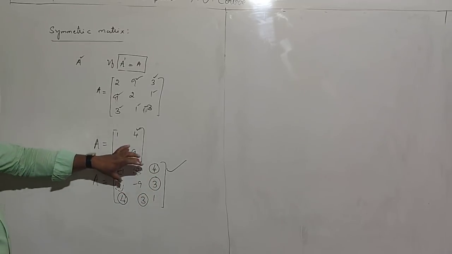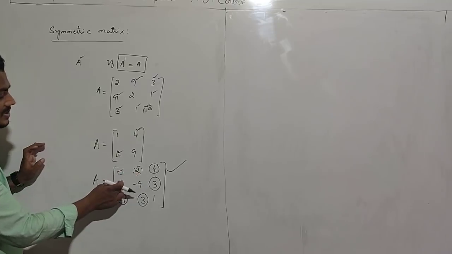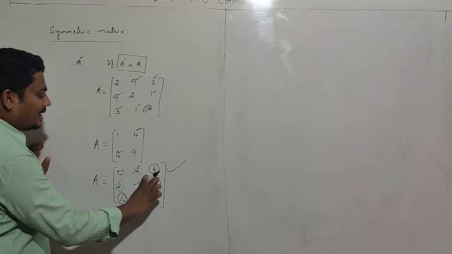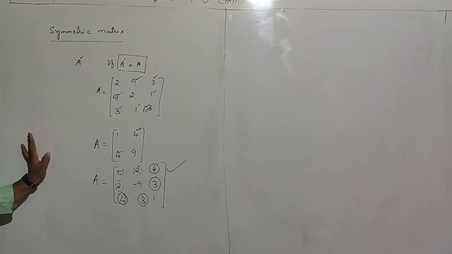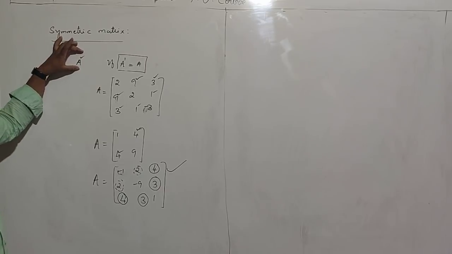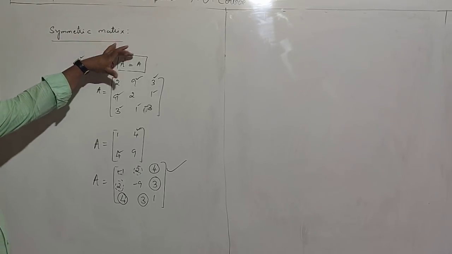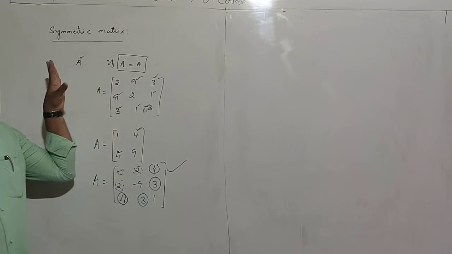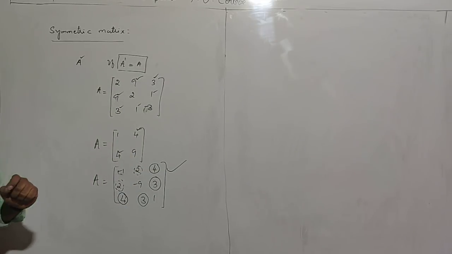The definition is: a square matrix A is said to be symmetric if A transpose equal to A. It is the definition of a symmetric matrix.